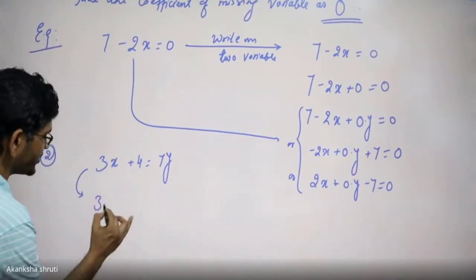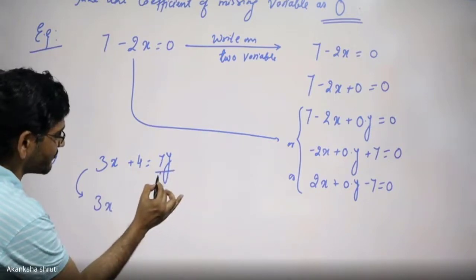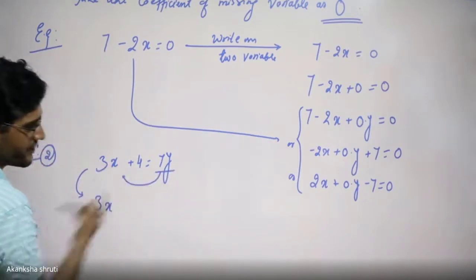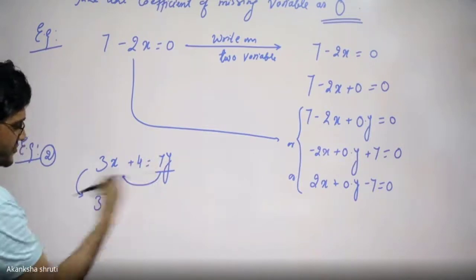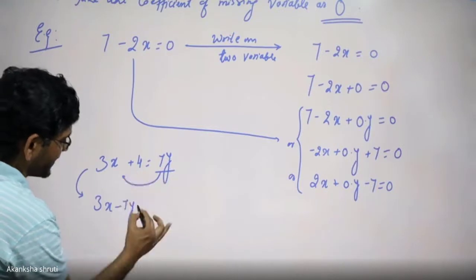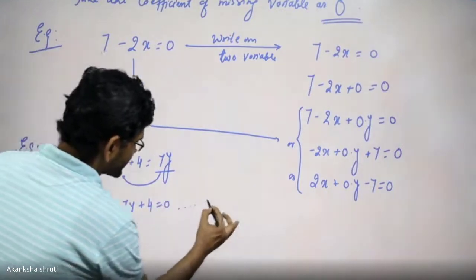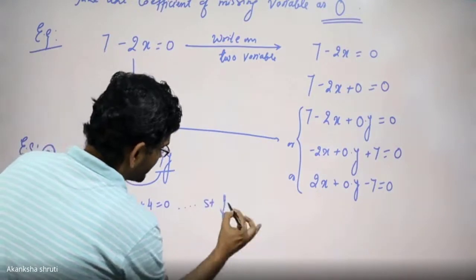So this can be rewritten as 3x, bringing the 7y to the left hand side. This 7y is plus, so on the left hand side it becomes minus 7y. This is plus 4. So writing in this way, it is called the standard form.